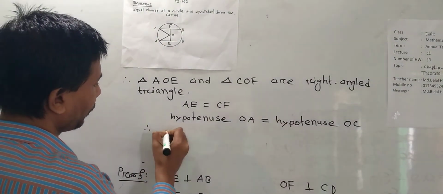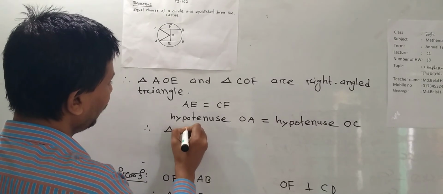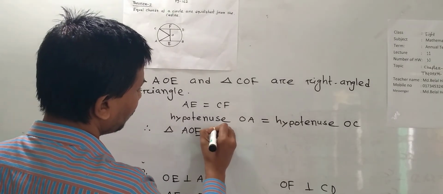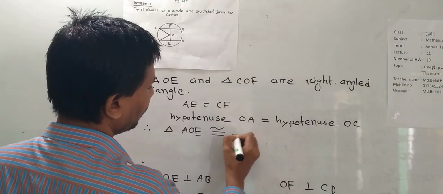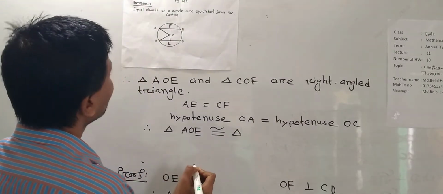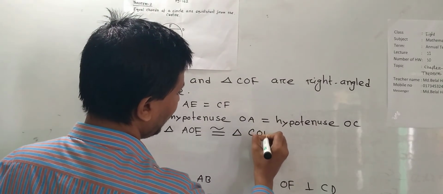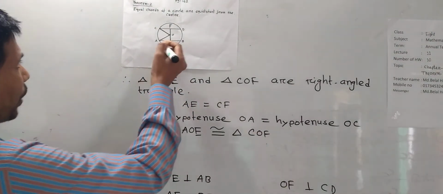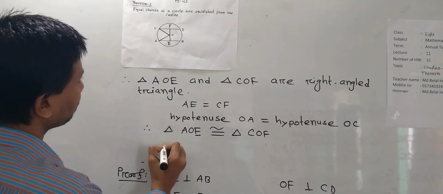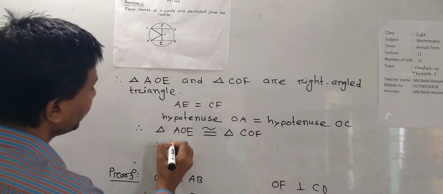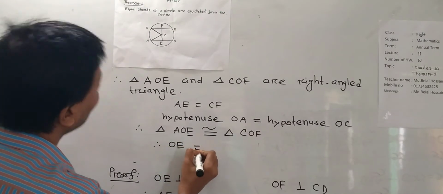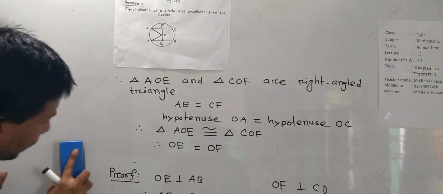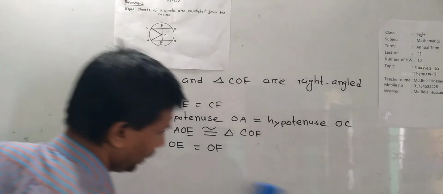Therefore we can write triangle AOE and triangle COF are congruent. As the two triangles are congruent, therefore we can say OE equal to OF. Dear student, hope you understood.